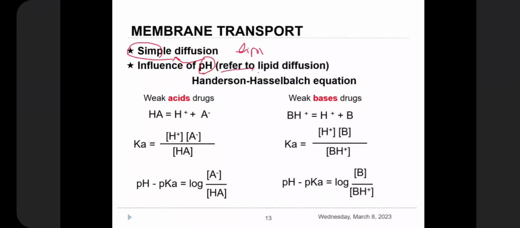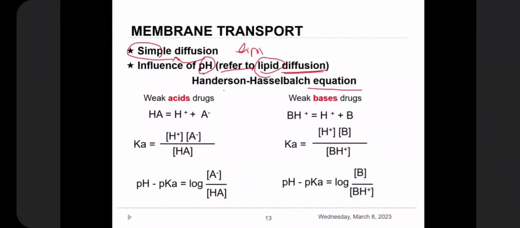It only refers to that, not the aqueous diffusion and not the active transport. And for it, here I have an equation to describe the drug coming into our body and becoming ionized or unionized in different pH environments.